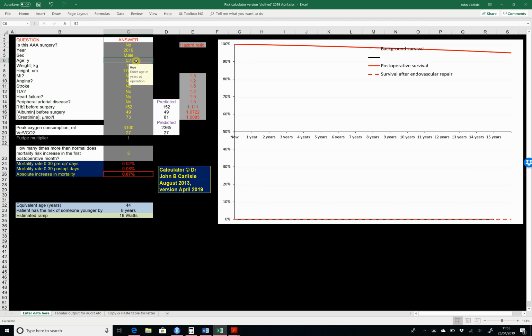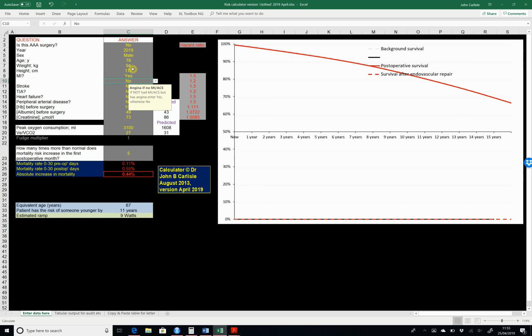So let's put in, say, an average patient, so say 78 years old. We'll leave it as a man for the time being. Let's make them a little bit fat, so 94 kilograms and 177 centimeters. And you'll see over here the slope's doing something whilst we do this. Let's say they have had a heart attack sometime in the past. And then we can go down to some blood results.